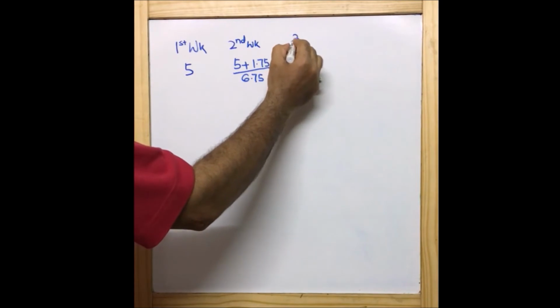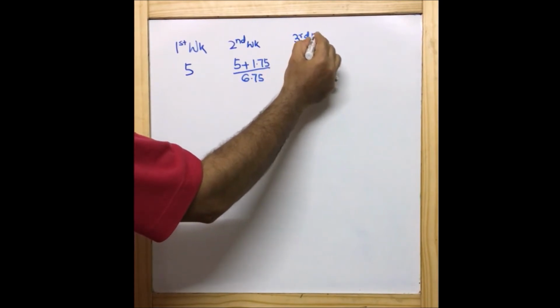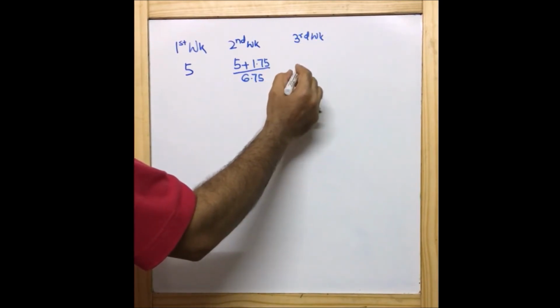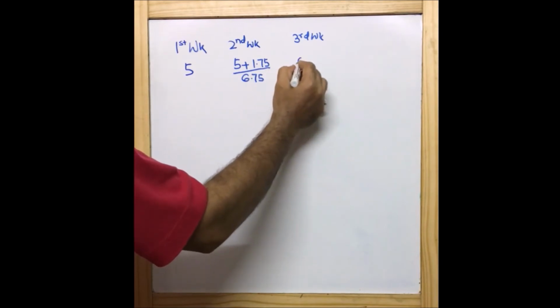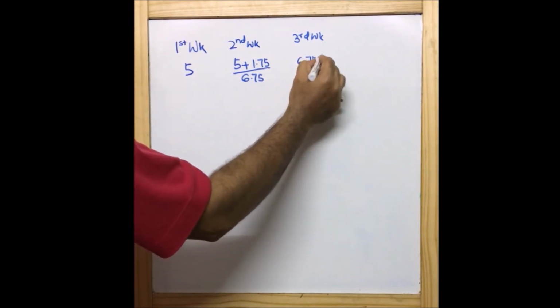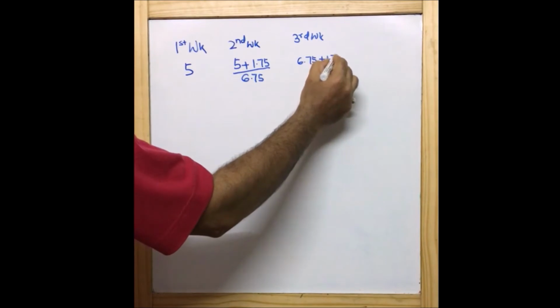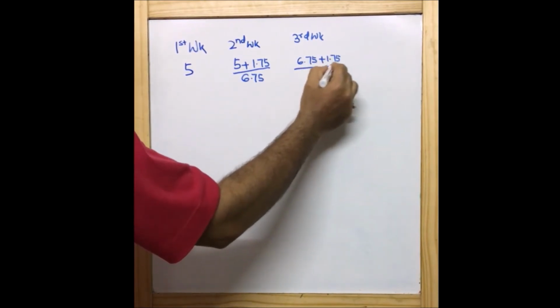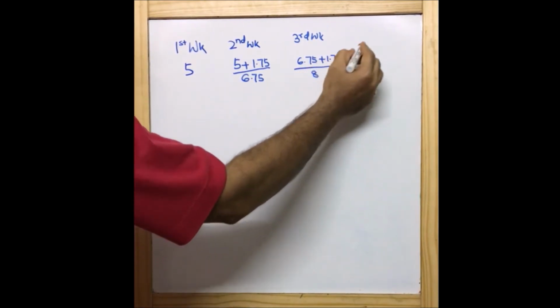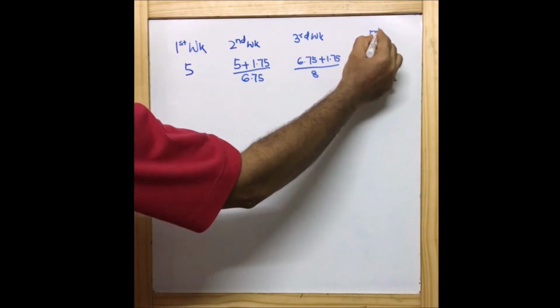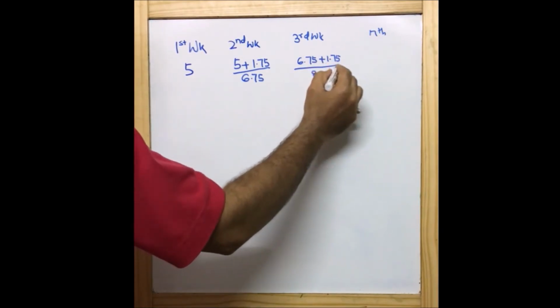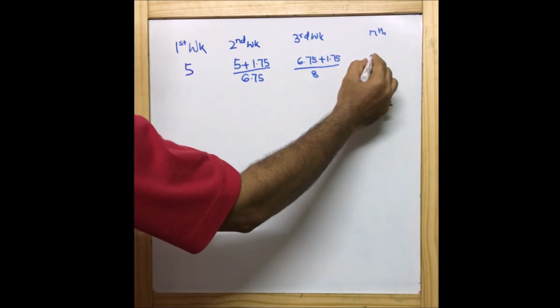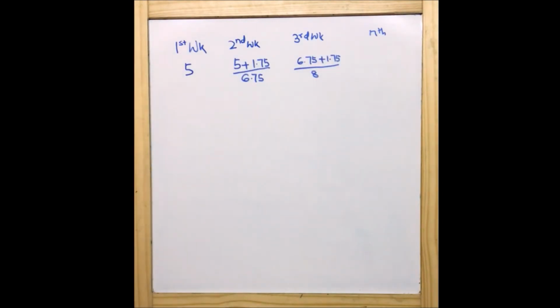Third week, the amount became 6.75 plus 1.75, that became 8.5. And the nth week, we don't know this one, similarly it will keep continuing, but here the savings became 20.75.